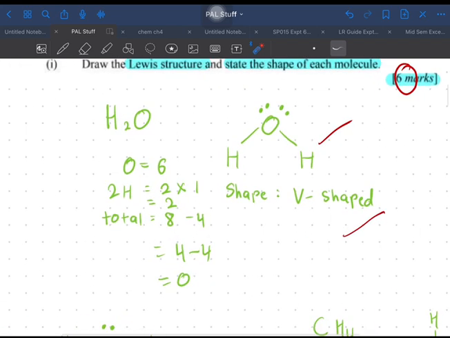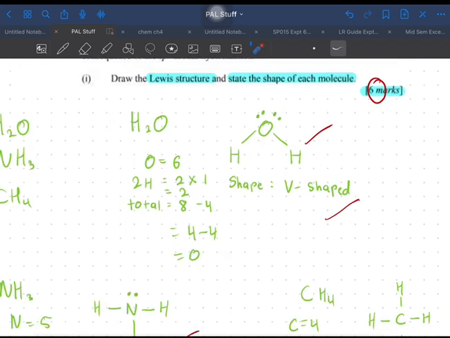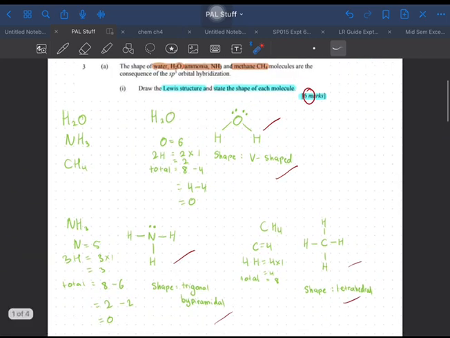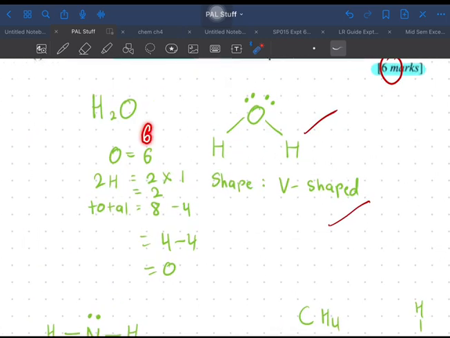What I like to do is, we have to know how many valence electrons each of the atoms has. So oxygen, we know we have 6 because it's located in group 16, and hydrogen only has 1 valence electron.